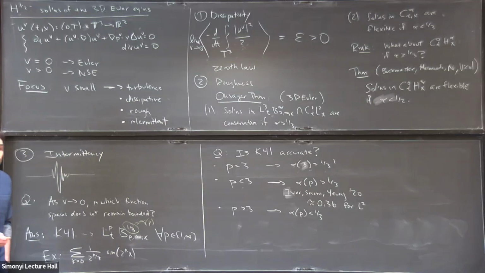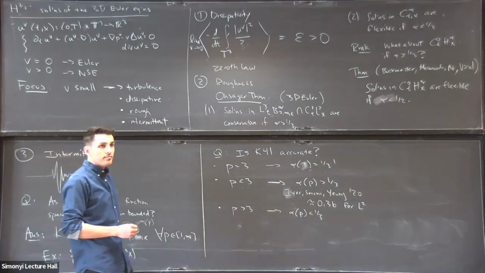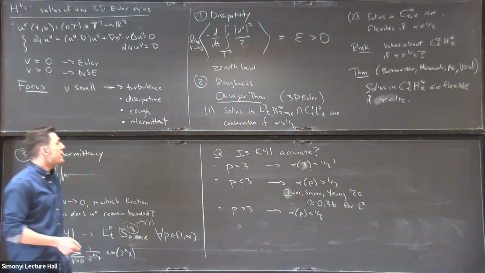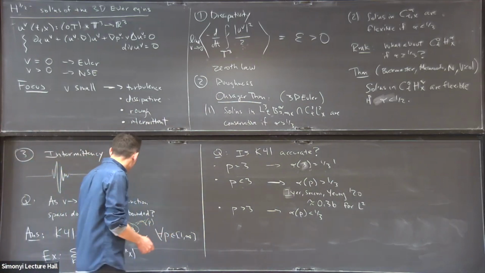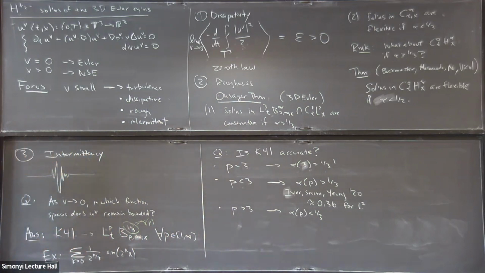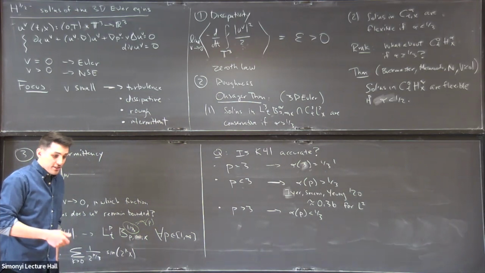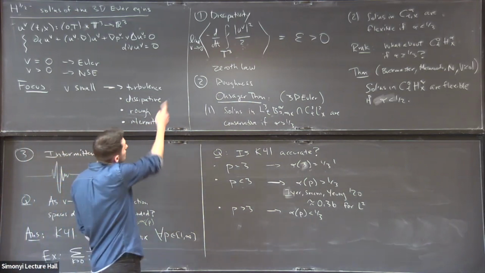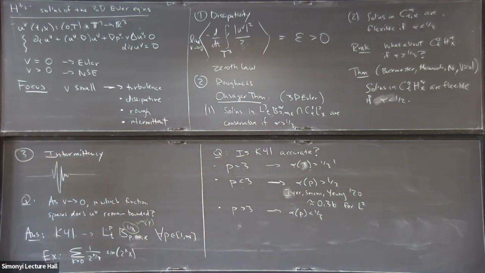Just to be clear, you're not asking for what values of alpha it is bounded, or you're still asking what the conservative thing? I'm asking for which values of alpha this quantity is bounded, and whatever values I get should be consistent with the zeroth law. So dissipative solutions.